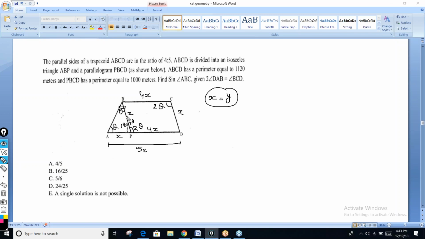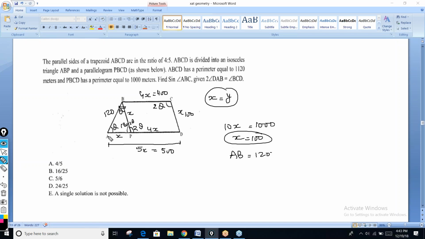The perimeter is given as 4x plus x plus 4x plus x, parallelogram, that is 8x plus 2x, that is 10x, which is given as 1000. So x comes out to be 100. If x is 100, if I add these three sides, that will be 400, that will be 100, and that will be 500. So for the remaining side, 400, 500, 1000, AB comes out to be 120.